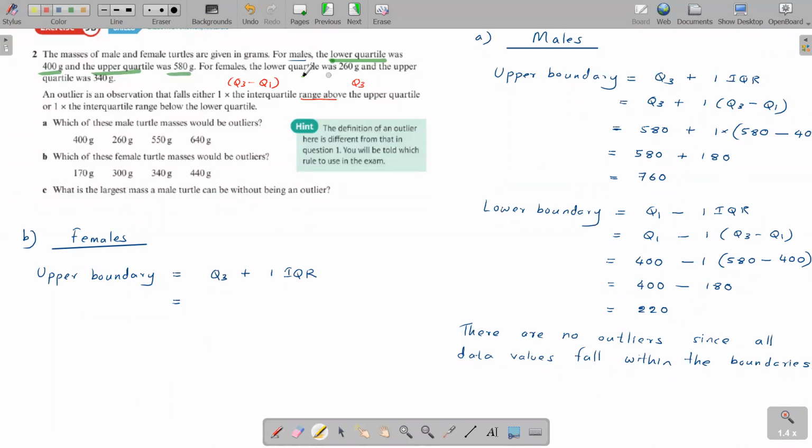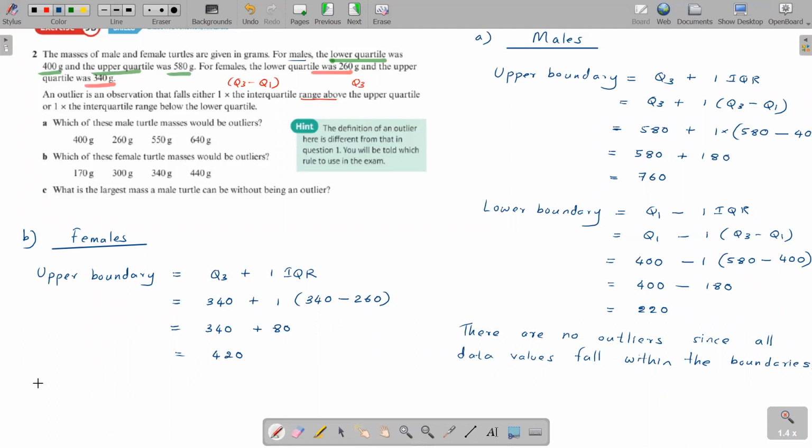For females, the lower quartile was 260 and the upper quartile was 340. So 340 plus 1 times interquartile range, which is Q3 minus Q1. So Q3 was 340 minus Q1 is 260. So 340 plus 80, which is 420. So upper boundary is 420.